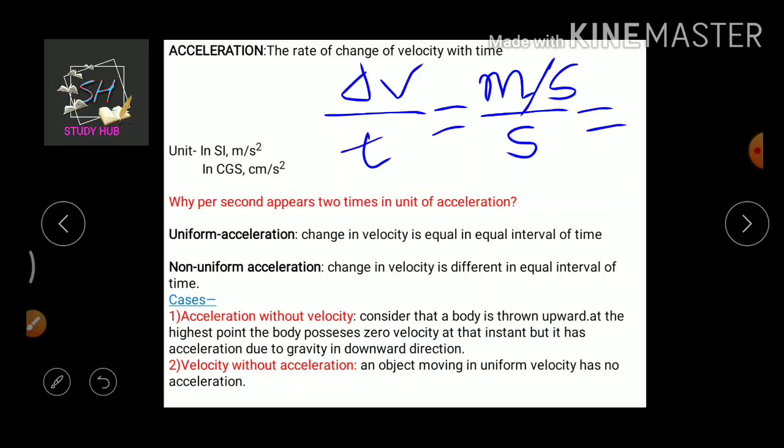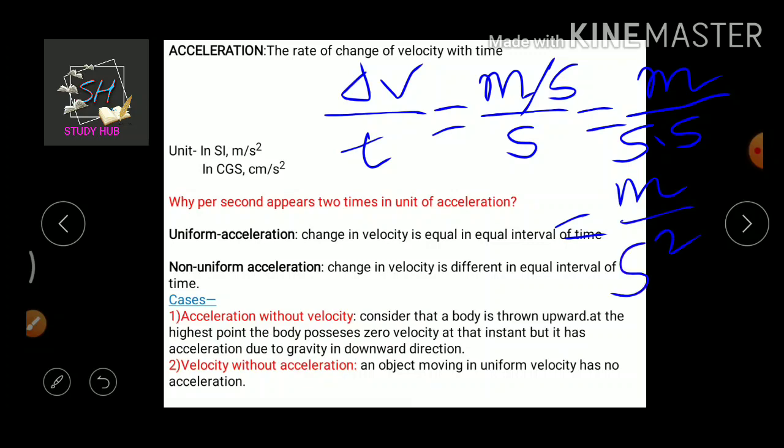The denominator of the numerator goes to the denominator, so in the numerator there will be only meter, but in the denominator there will be s into s, which gives meter per second square. So this is the answer: why does per second appear 2 times in the unit of acceleration? Because one second comes from the unit of velocity and another second comes from the time. So this gives the 2 per second in the unit of acceleration.